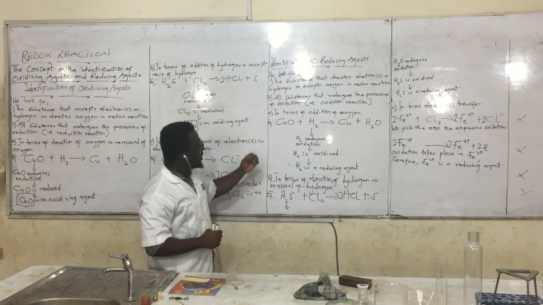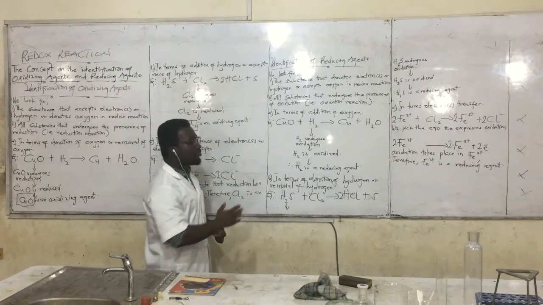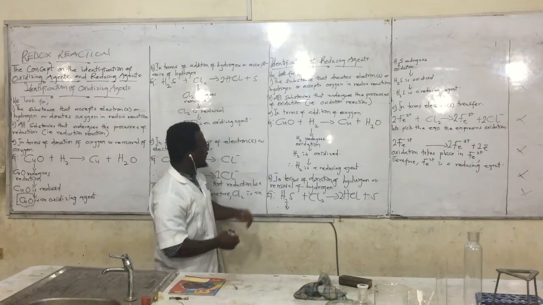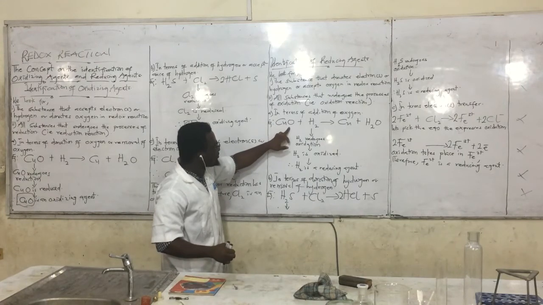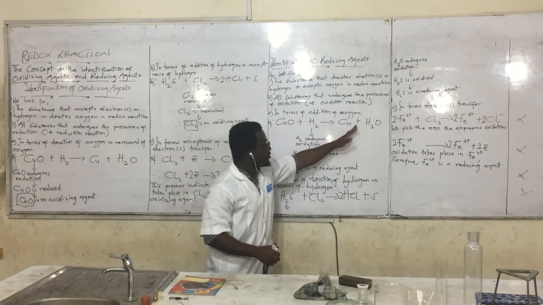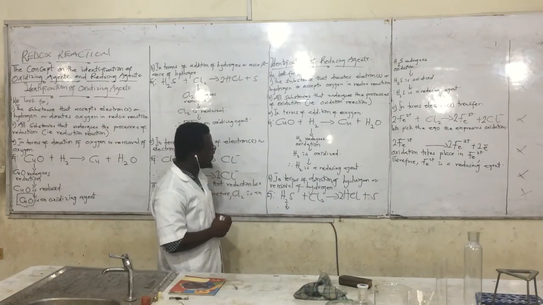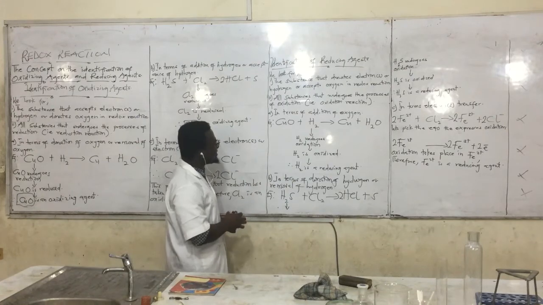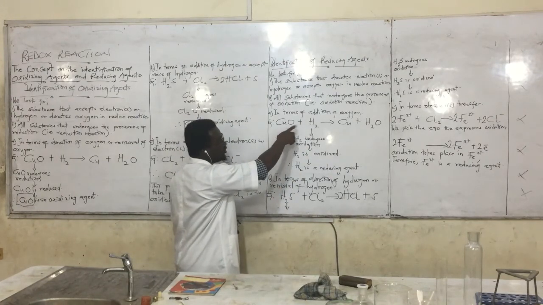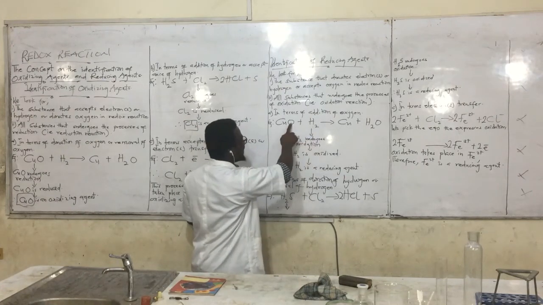Now, in terms of addition of oxygen, we pick the ultimate example that we have used previously, which is CuO plus H2 to produce Cu plus water. Now, what comes into mind? Here we have seen that in terms of addition of oxygen, CuO donates and therefore hydrogen accepts.